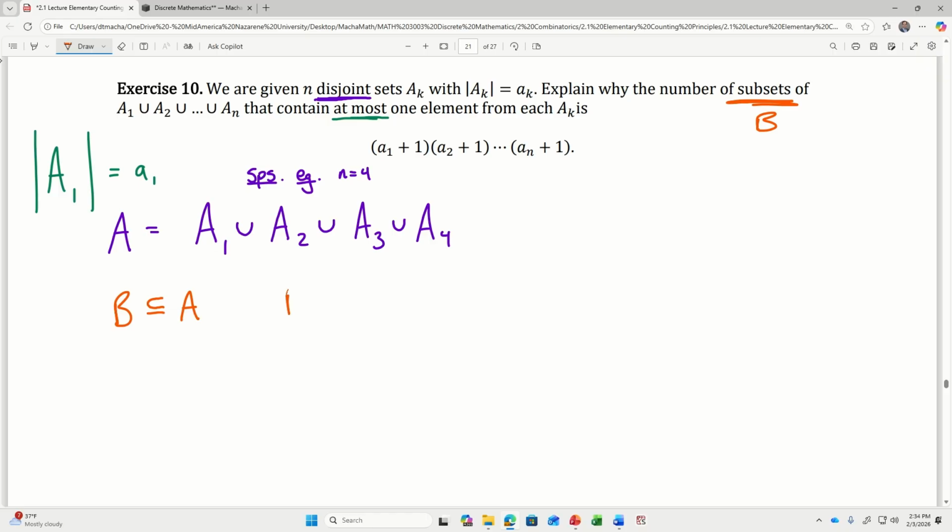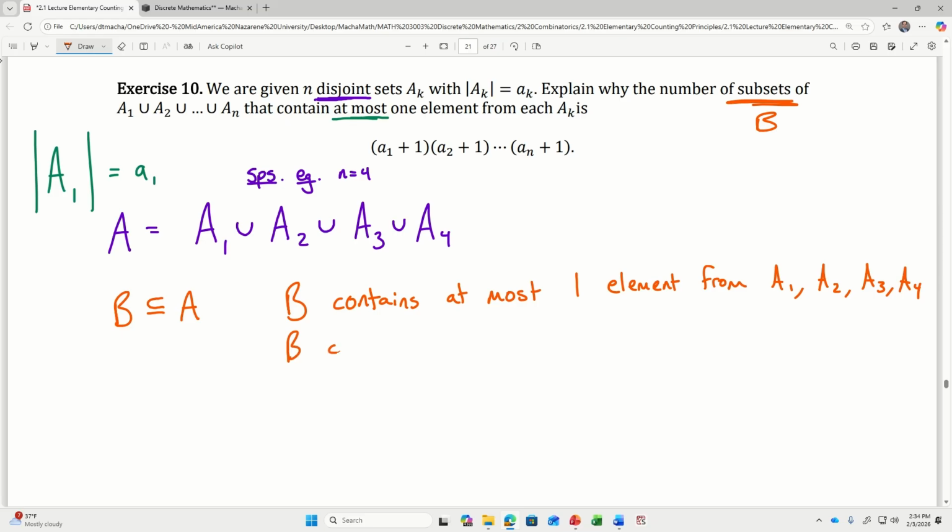And B contains at most one element from A1, and it contains at most one element from A2, and it contains at most one element from A3, and it contains at most one element from A4.